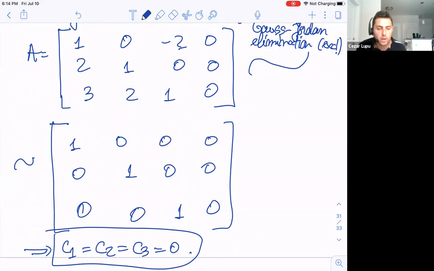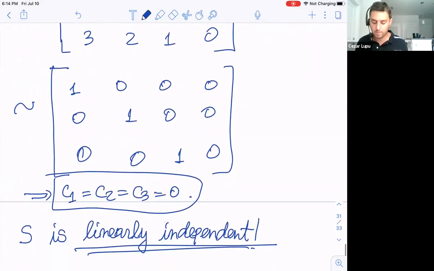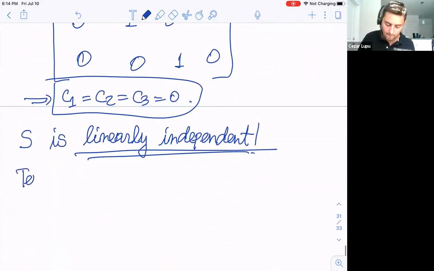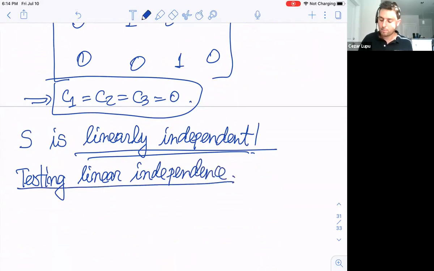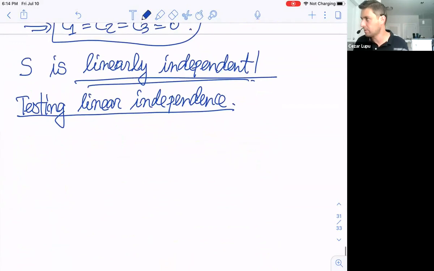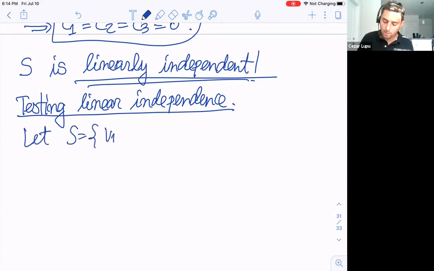So how do we test linear independence? Testing linear independence. Maybe I'm just going to give you one more example. Let S be a set which consists of vectors v1, v2, vk.